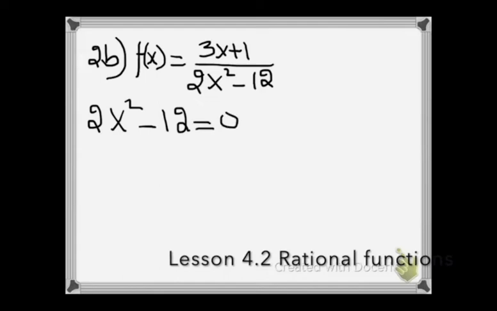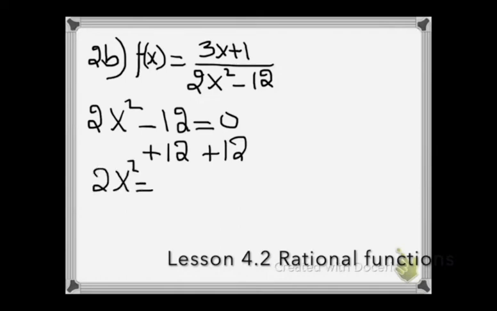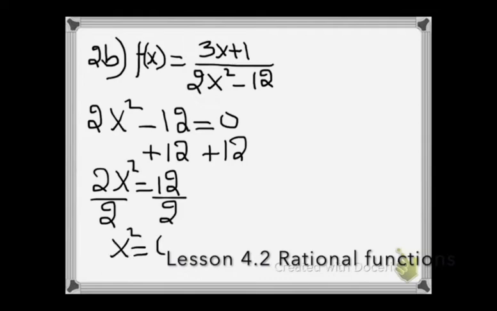In order to solve this, I must add the 12 on both sides. I will have 2x squared equals to 12, and then the step is now divide by 2, divide by 2. I will have x squared equals to 6.